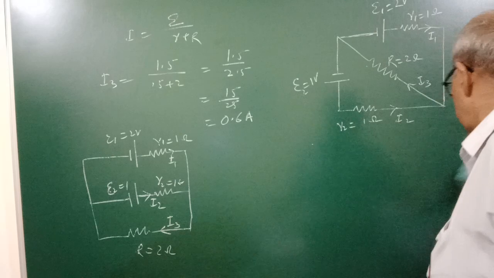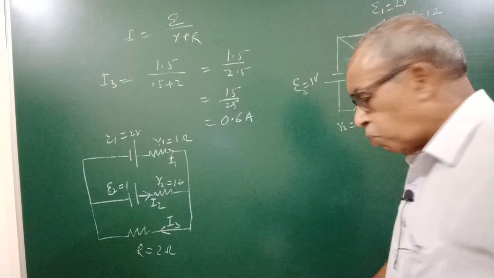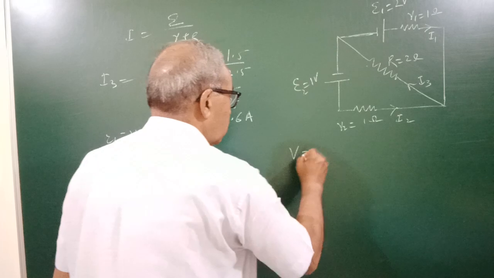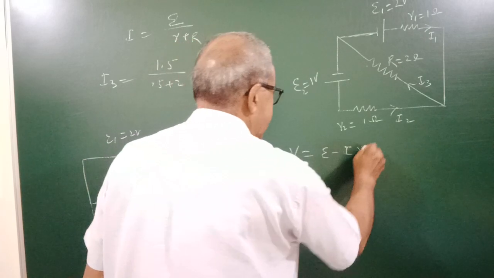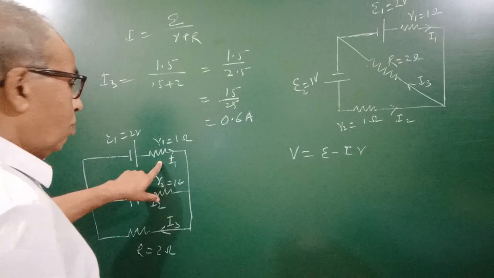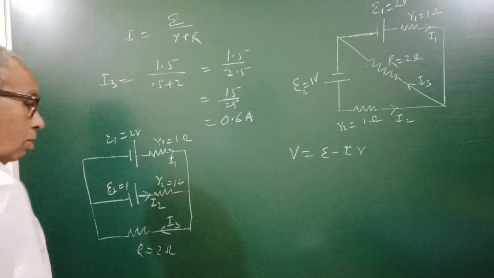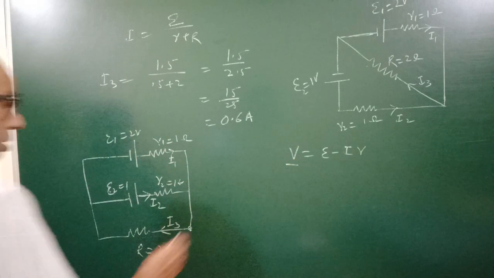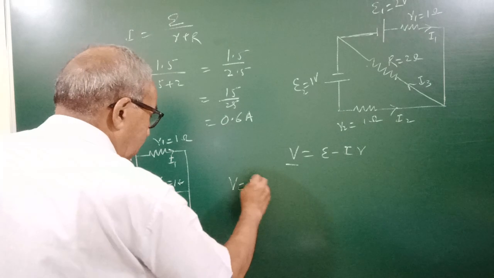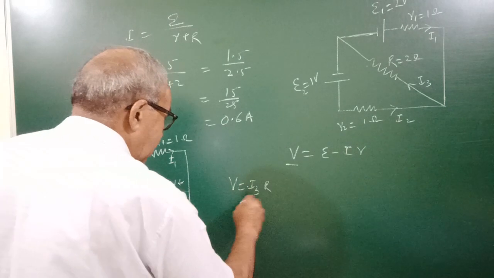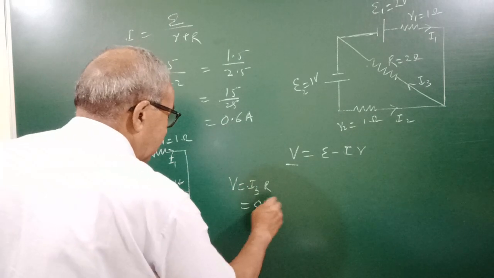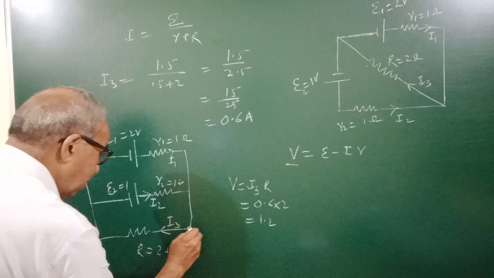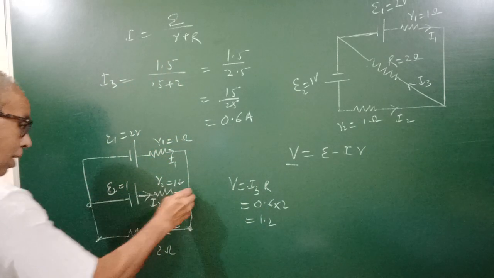For I2 and I1, we know when current is drawn from a cell, V equals E minus Ir. For I1, the terminal voltage V will be V equal to I3 into R, that is 0.6 into 2, which is 1.2 volt potential difference, and they are in parallel.